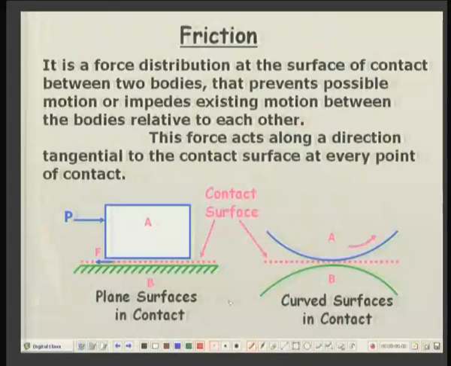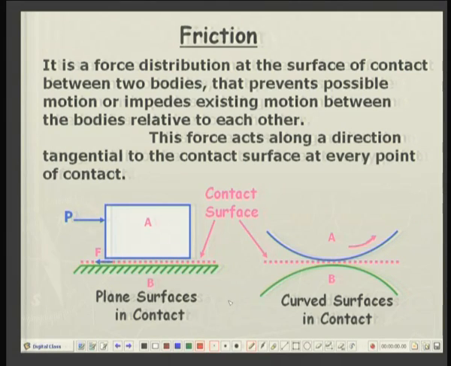We will define friction as a force distribution at the surface of contact between two bodies that prevents possible motion or impedes existing motion between the bodies relative to each other. So, it has two types of effects.